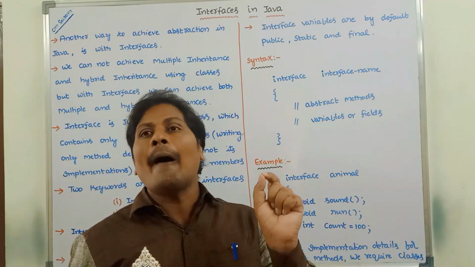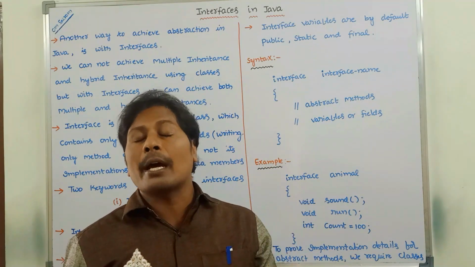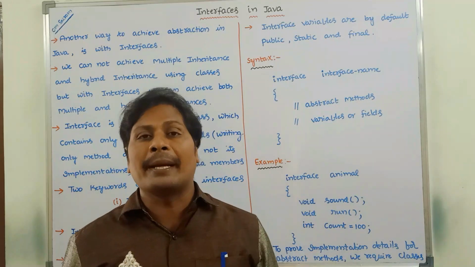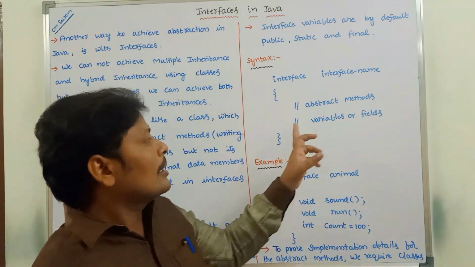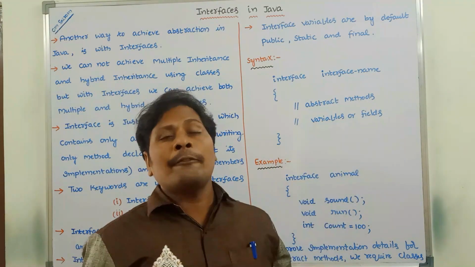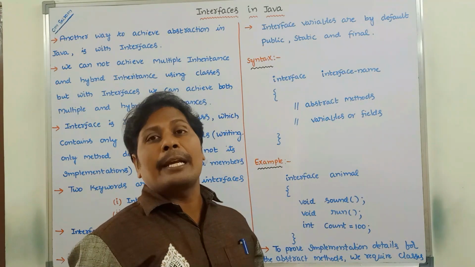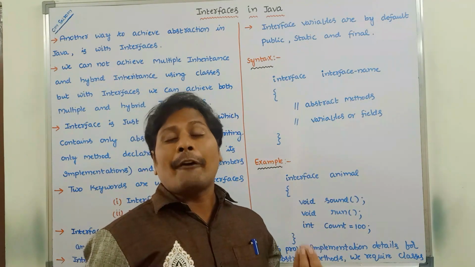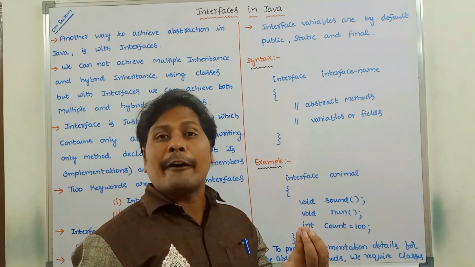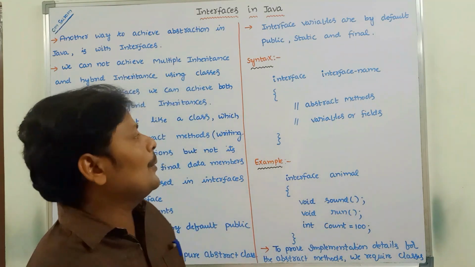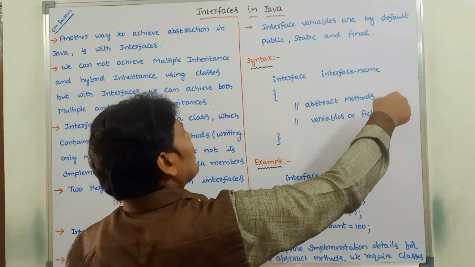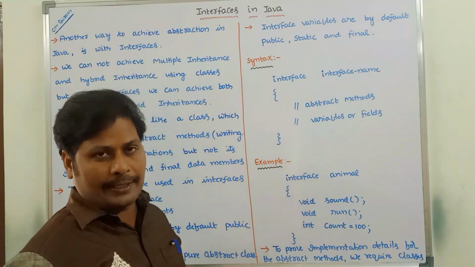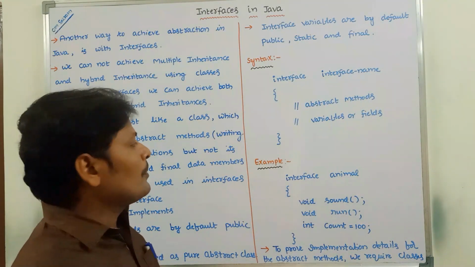We are only declaring the methods, but not providing any implementation. Whatever variables are there can be treated as final variables or final data members. So, this is the syntax for declaring or creating the interface.